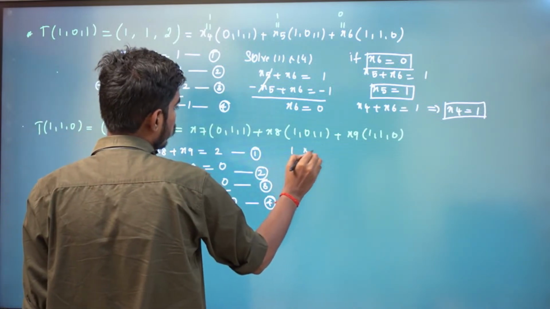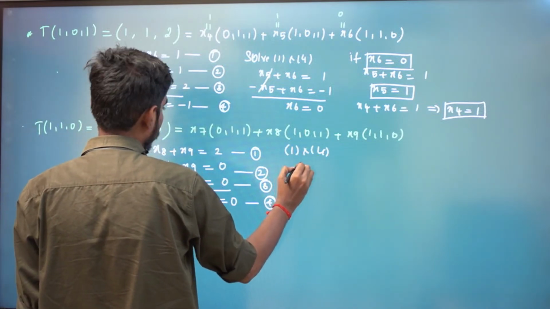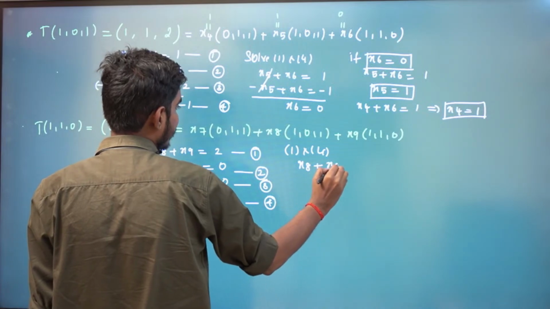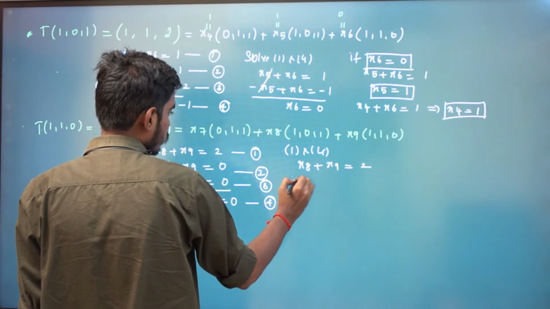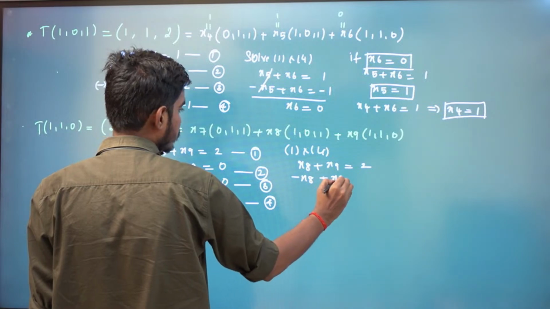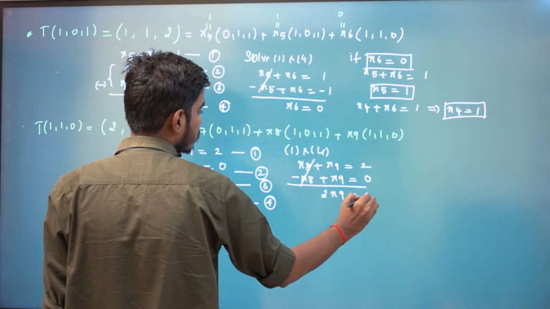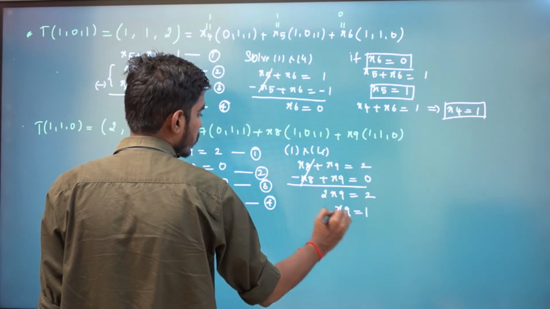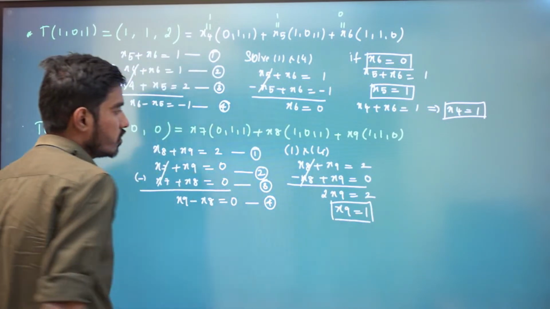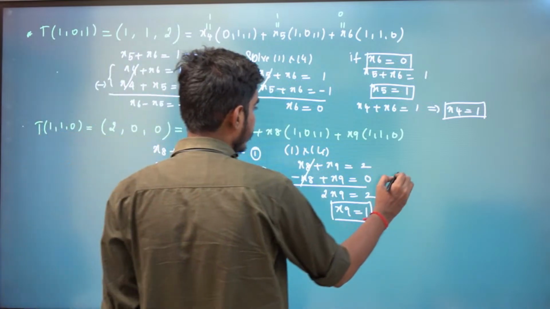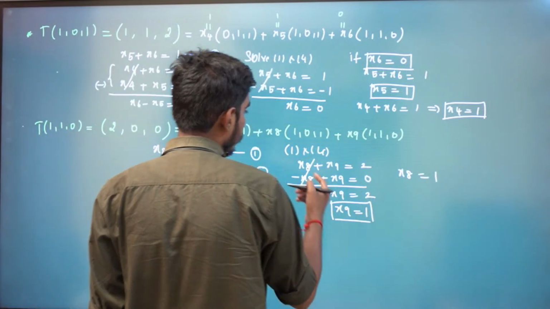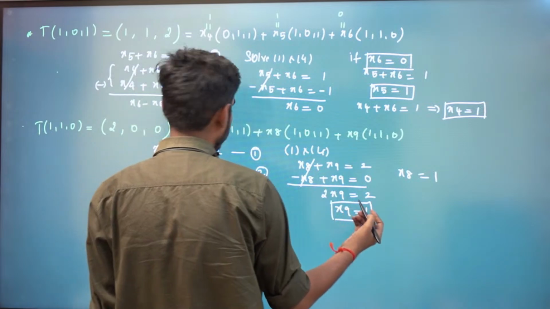Now from 1 and 4, we have x8 plus x9 is equal to 2, and minus x8 plus x9 is equal to 0. So add this, we will have 2x9 is equal to 2. So that means x9 is equal to 1. If x9 is 1, x8 is plus 1, right?